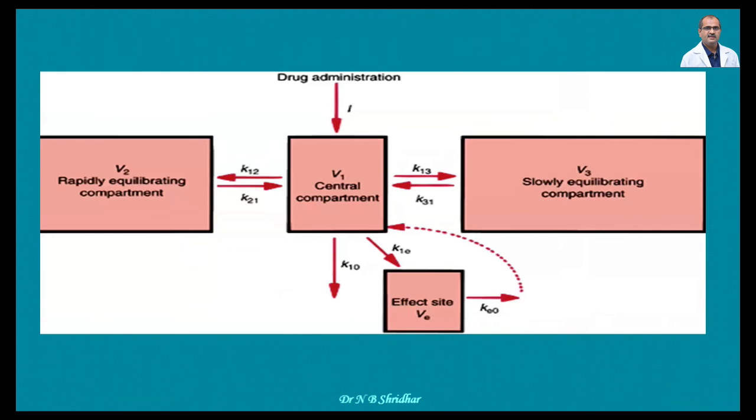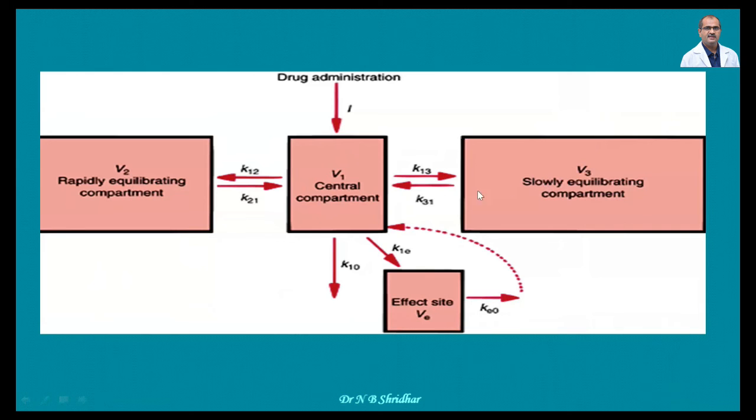So here you can see that there are the central compartment, the kidney, then the liver and the brain. They are all the organs of the central compartment. So here you can see the equilibration between the drug in the central and peripheral compartments.